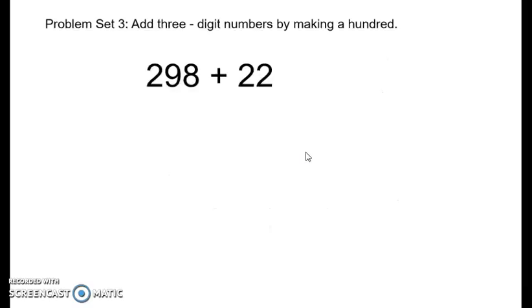So let's try another problem. Here we have 298 plus 22. Take a look at my bigger number. 298 is very close to 300. In fact, 298 needs 2 more to make 300. So I'm going to go over to my smaller number and then break this up. I'm going to take a 2 out of the 22, which leaves me with 20 left.